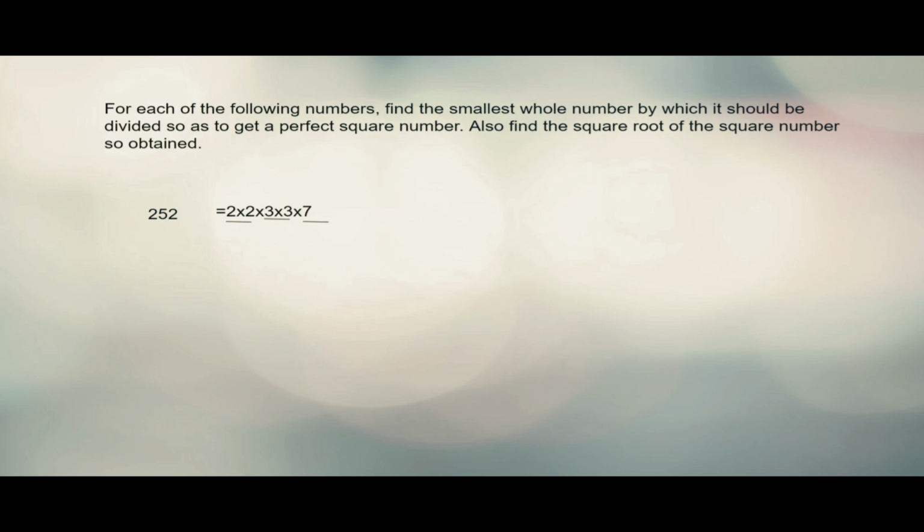Because we have to divide 252 by some number to make it a perfect square, we need to eliminate 7. How can we do that? Simply by dividing it by 7.